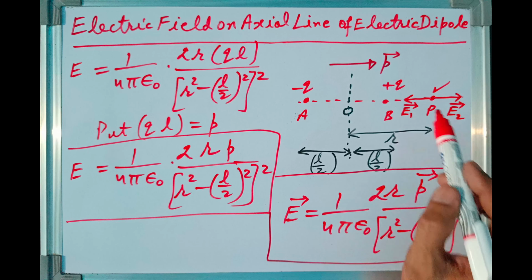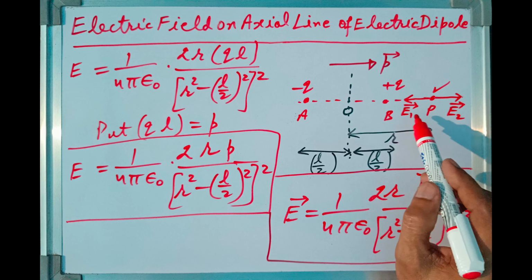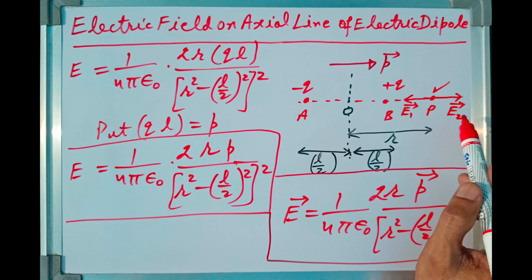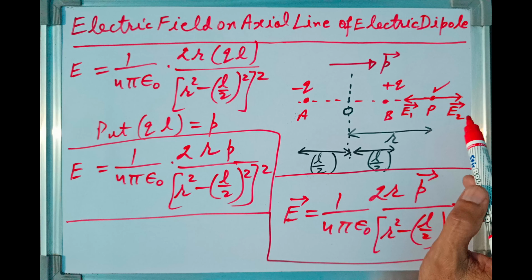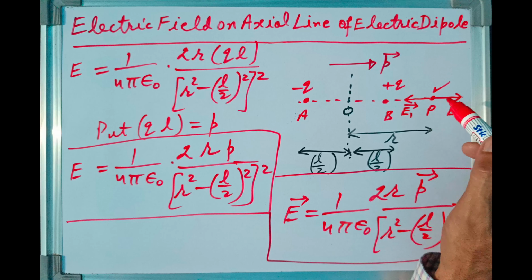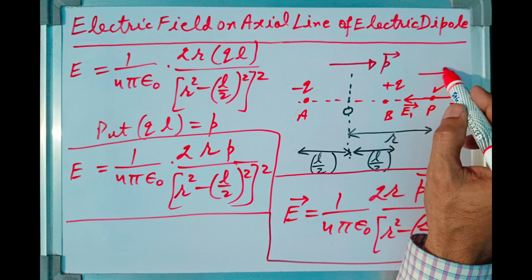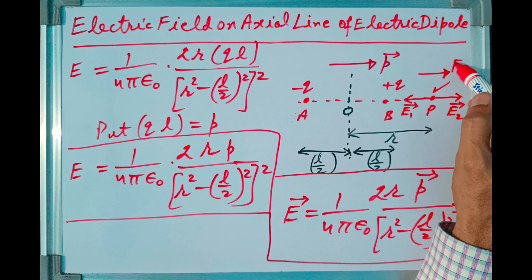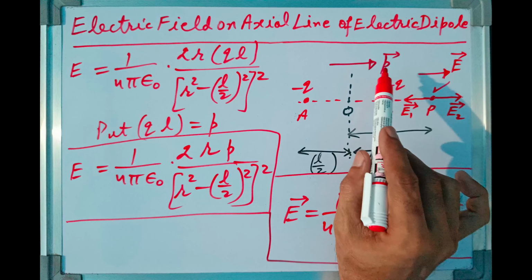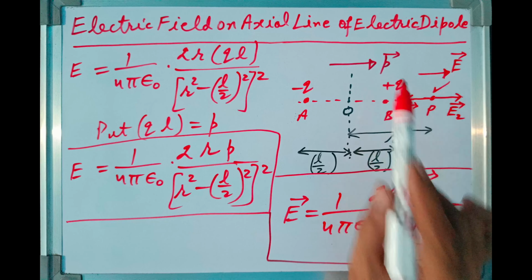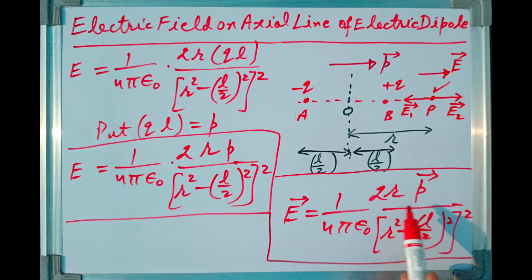Because E1 is less than E2, E2 is greater. So the net electric field will be from left to right, E vector. So the direction of the resultant electric field and the electric dipole moment is the same. So no need of putting a negative sign here because they have the same direction.